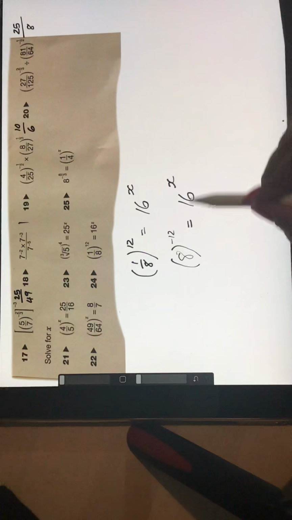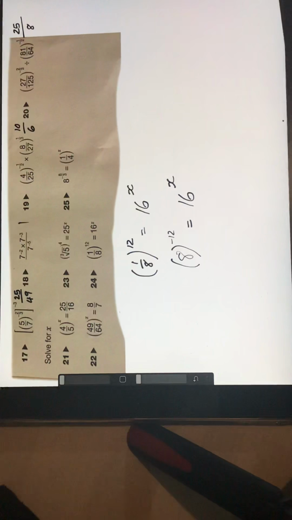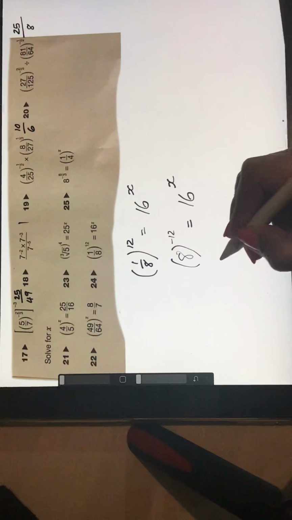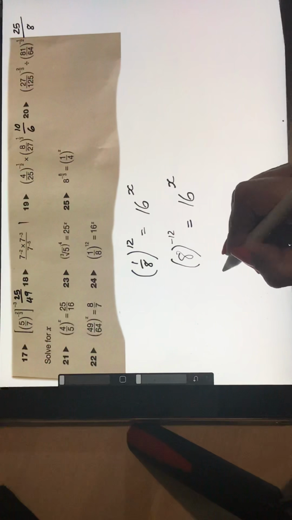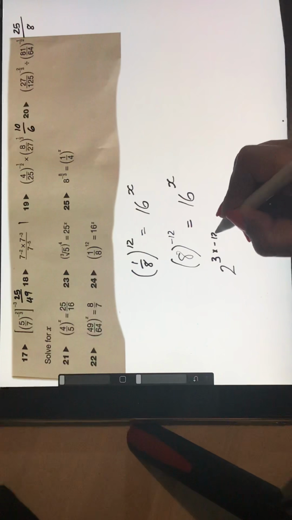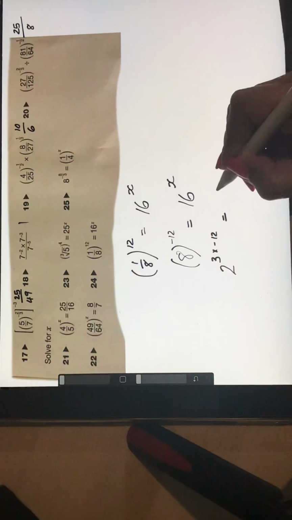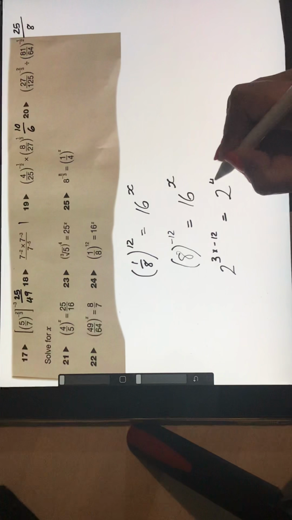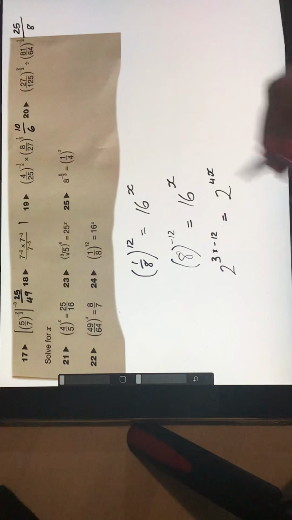Now, how is it possible that I can get these two base numbers the same? Well, they can both be reduced to a base number of 2, because 8 is 2 to the power of 3 times negative 12. And on this side, I can say 2 to the power of 4 is 16 times x.